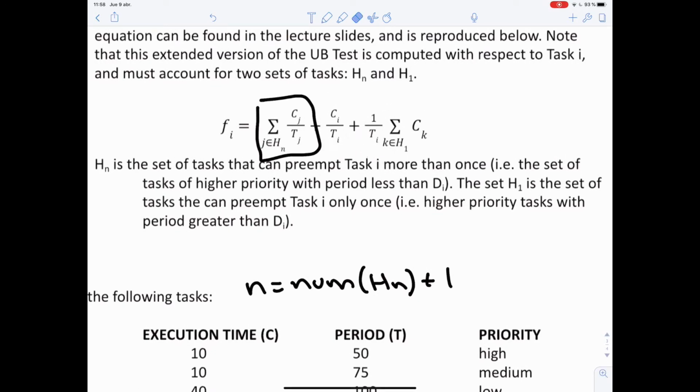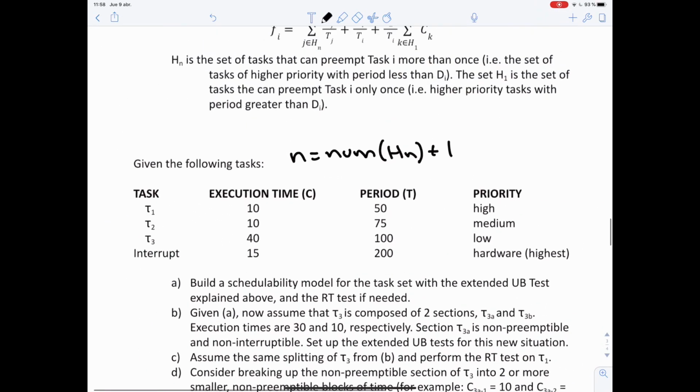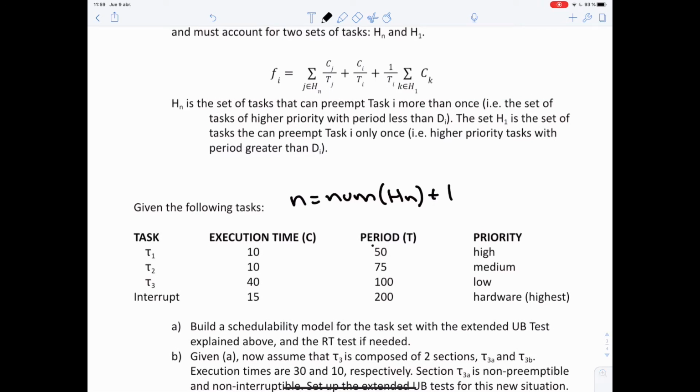So for the first one, this is the set of tasks HN, and the set of tasks HN contains the tasks that have a lower period and a higher priority than the current task, which is task I. And the tasks in H1 are the tasks that have a higher priority and a higher period than task I. So in the case of, let's say, task 3, the ones that would be in HN would be task 1 and task 2, because the ones in HN have a lower period, so 10, 50, and 75 are less than 100, and they have a higher priority.